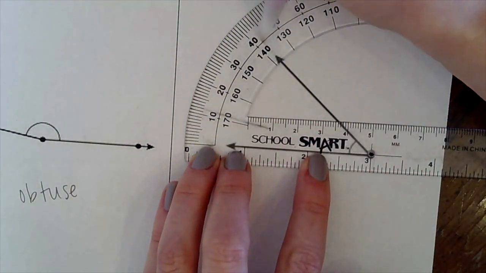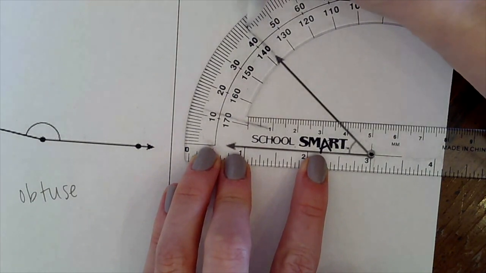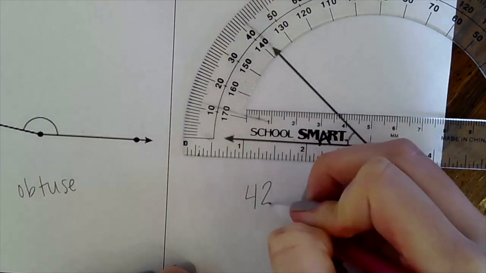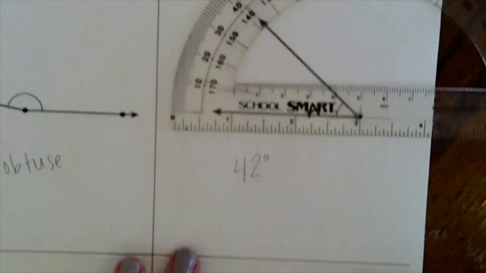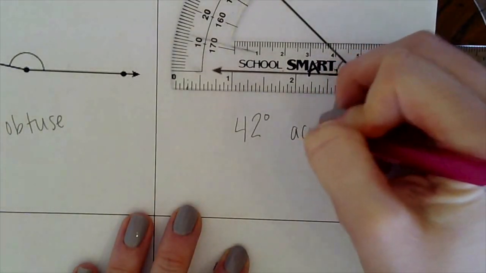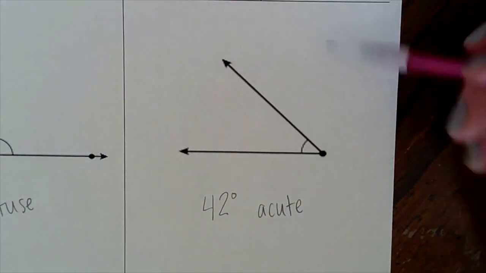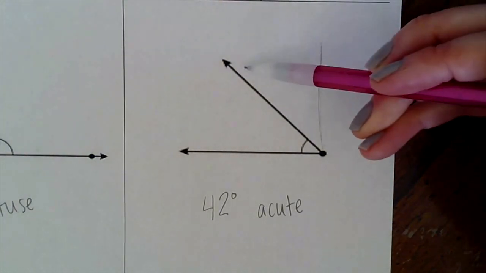We extend this line out, and it looks like it's 2 tick marks past the 40, so that would be 42 degrees. And 42 degrees falls within the acute range, so this is an acute angle, which I'm sure that you guys knew just by looking at it because a right angle would be this, and it's less than that.